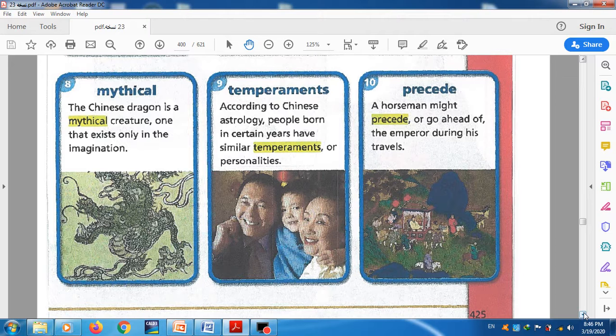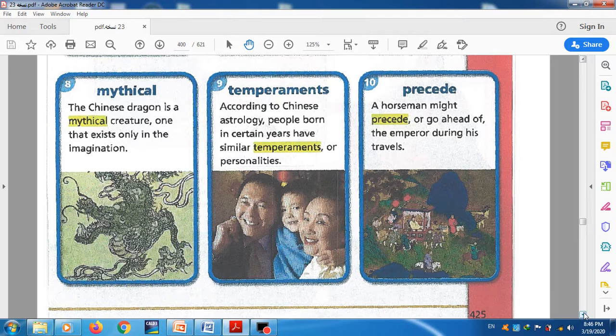Mythical, we took myth before. Yes, it equals legend or saga. This is the adjective of myth, which is mythical. It means unreal, imaginary.